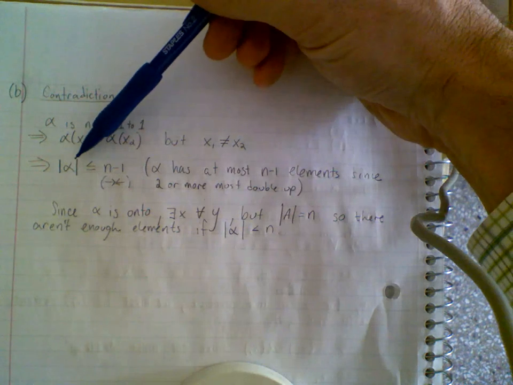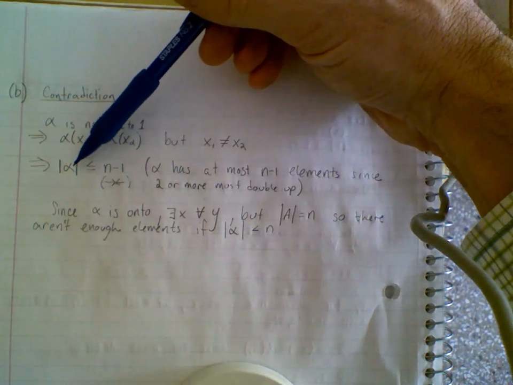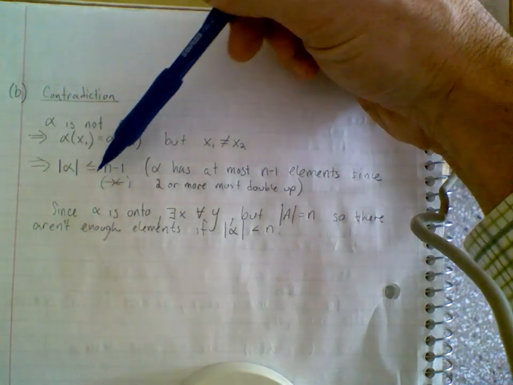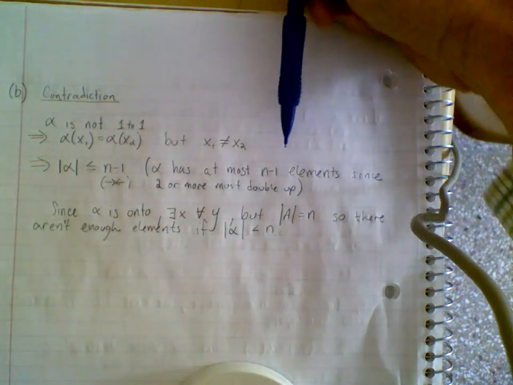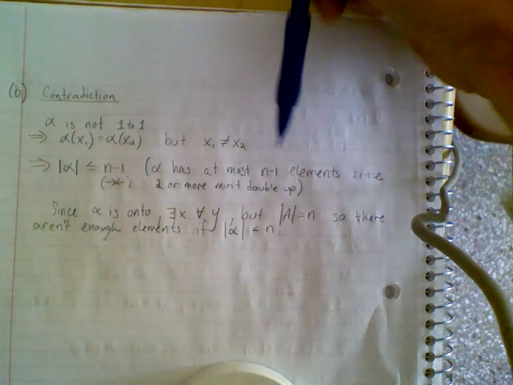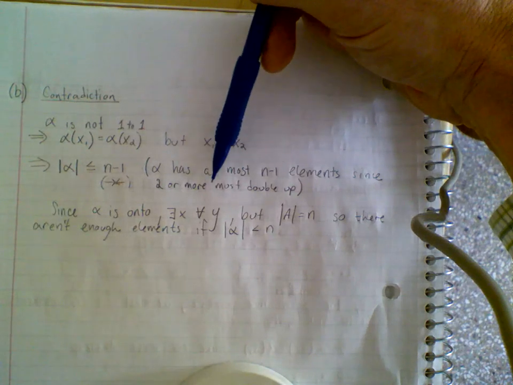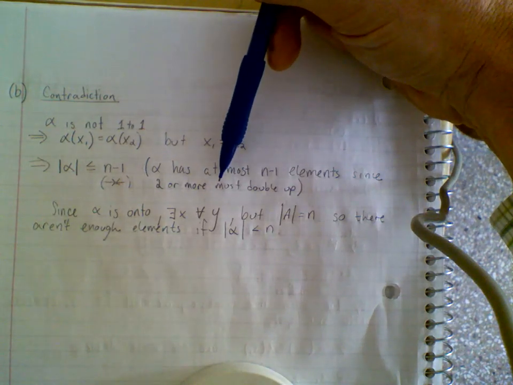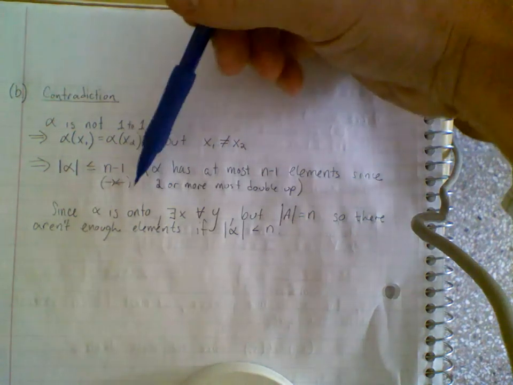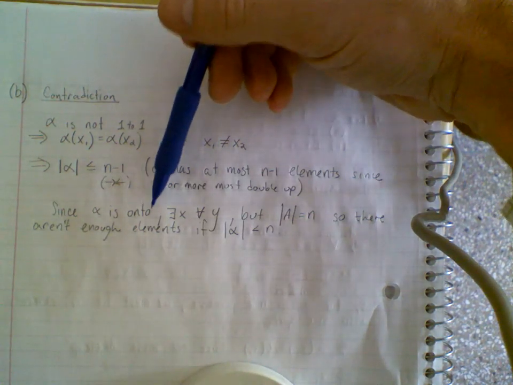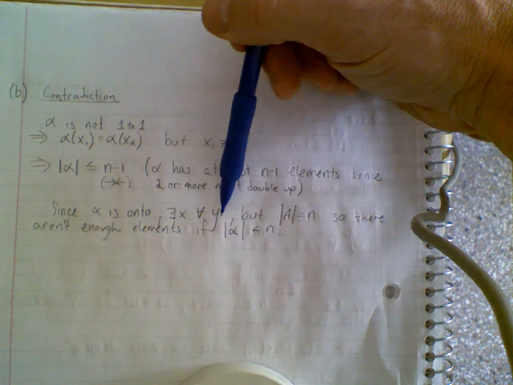Now, since the number of elements in the image of alpha is less than or equal to n minus 1, because at least 2 of them had to double up, alpha has at most n minus 1 elements. But this is going to be a contradiction because since we know that it's onto, there exists an x for every y.